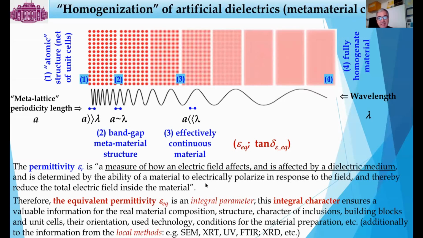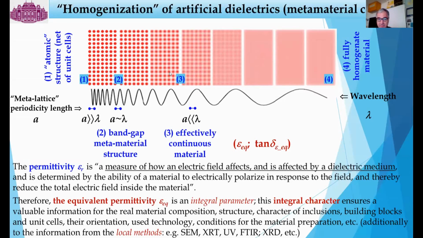However, here exists some special circumstance. Dielectric constant may depend on the wavelength. Why? Usually materials have some own structure, atomic structure, metal lattice, for example, here with length A, and we can compare this length with the wavelength.